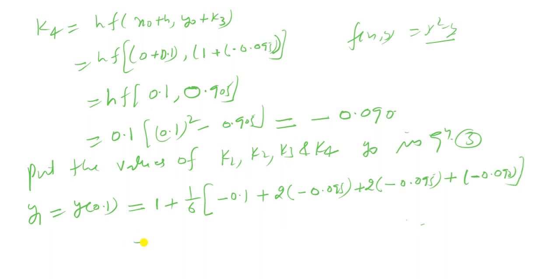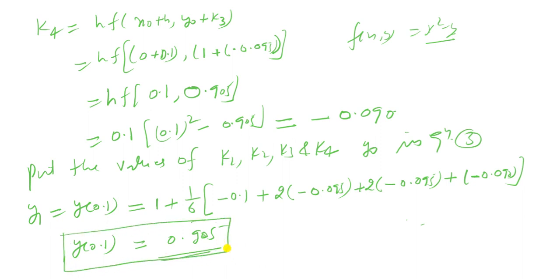Simplify this with the help of the calculator, then we obtain 0.905 correct to 3 decimal places. So this value is an approximate value of the given initial value problem with the help of the Runge-Kutta method.